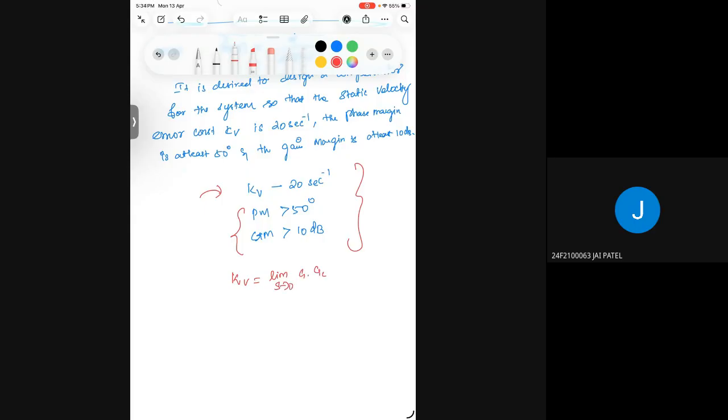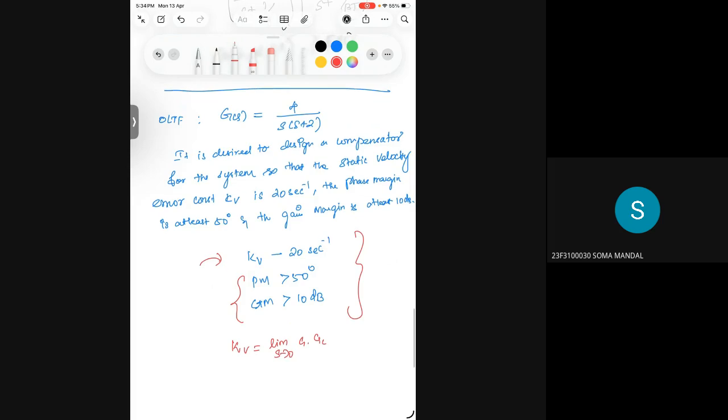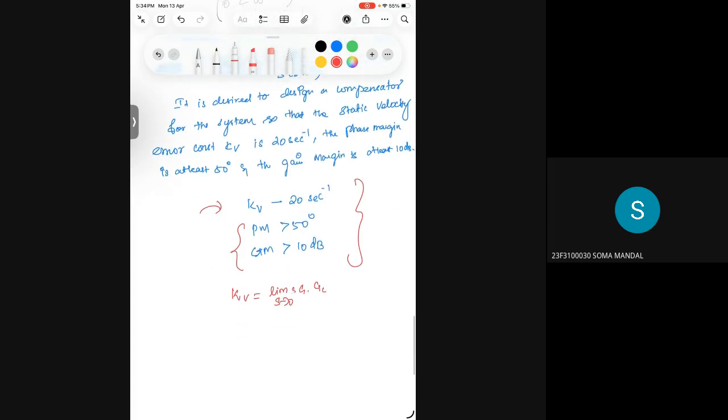Usually for the forward path we consider everything, so here G into Gc.